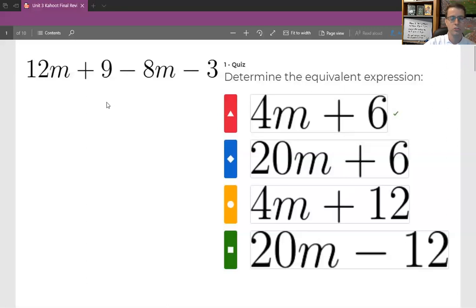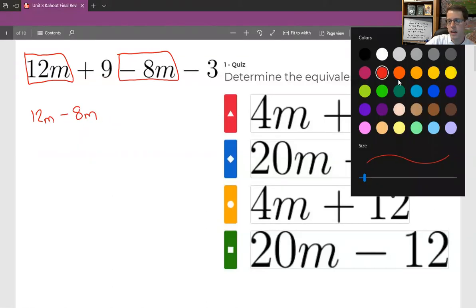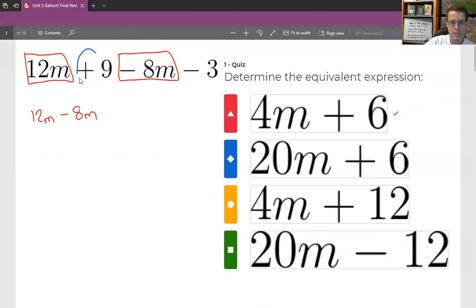And so in the first question, we had 12m plus 9 minus 8m minus 3. We're supposed to simplify, determine the equivalent expression. We're combining like terms here. If we look at our 12m and our negative 8m, this is really 12m minus 8m, and then we have our 9 and our minus 3, so plus 9 minus 3.